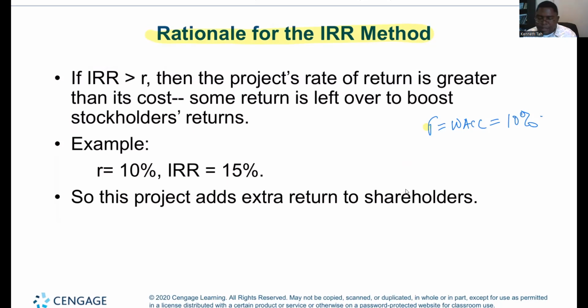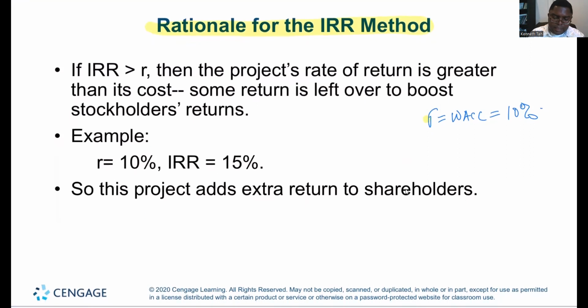So that is investment decision using internal rate of return. That is the decision criteria. Once we compute internal rate of return, we need to compare it with the WACC, weighted average cost of capital.